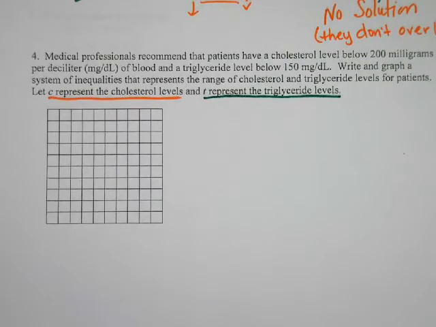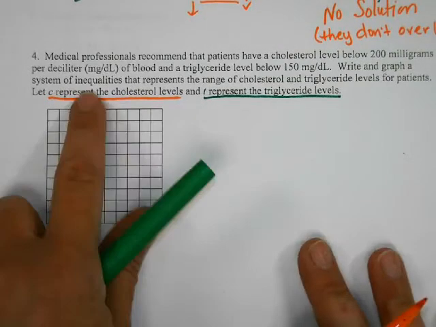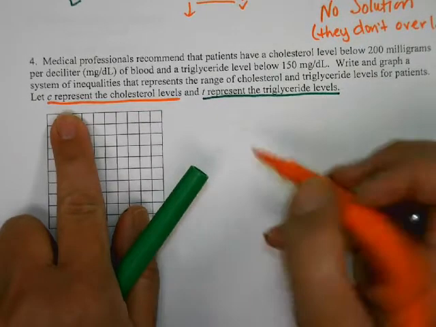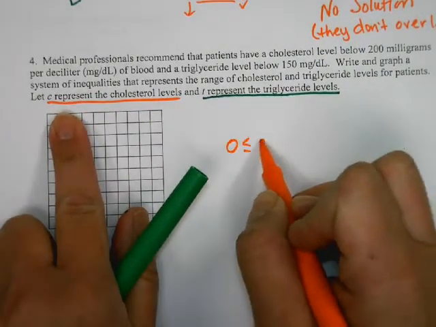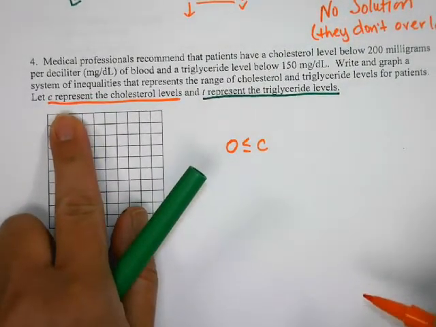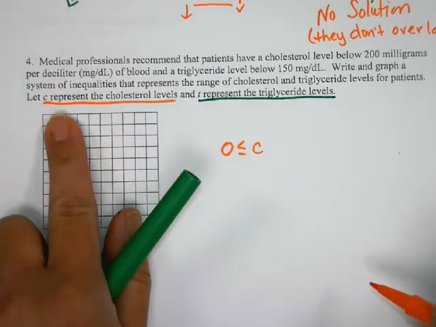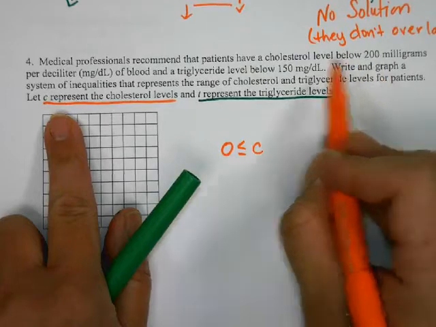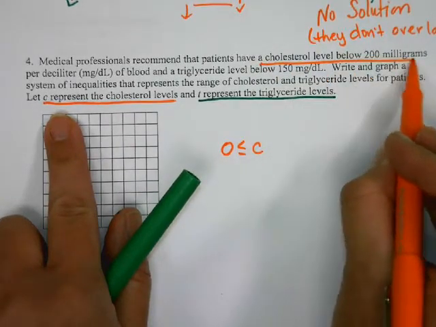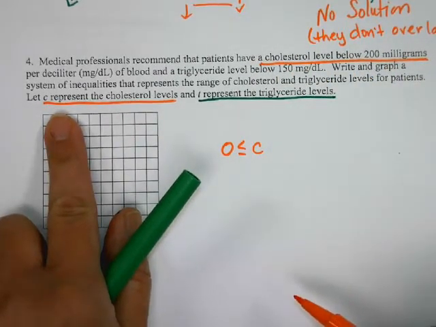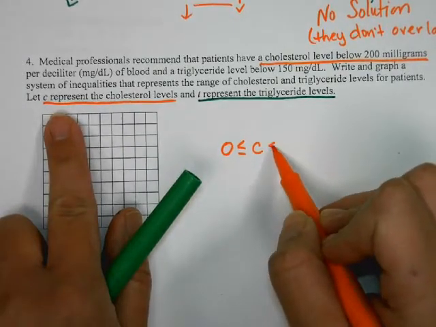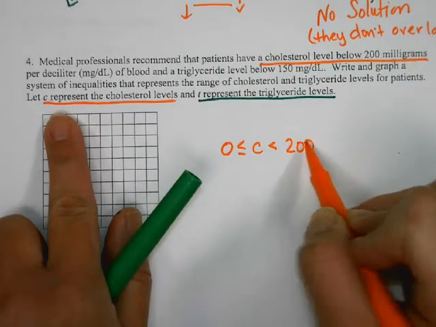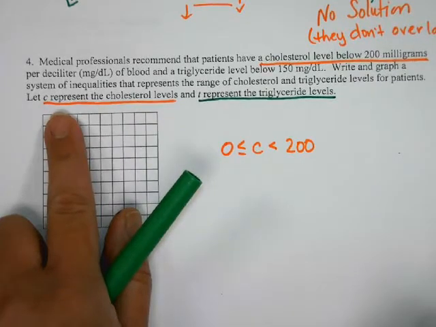They just say it's 0, it's non-existent, right? Okay, so for my cholesterol, it could be 0, but where do they want it to be the high end? Below 200, right? So that guy would be less than 200 because they want it below it.